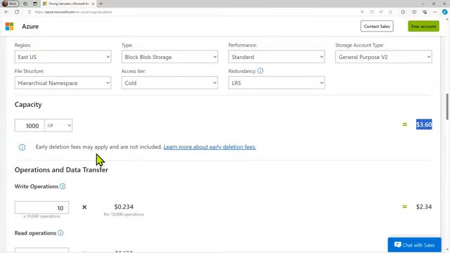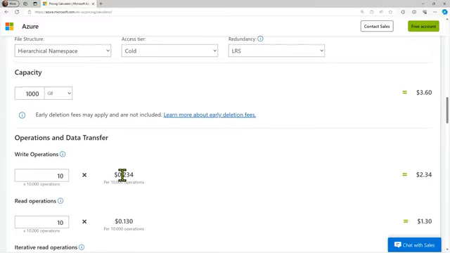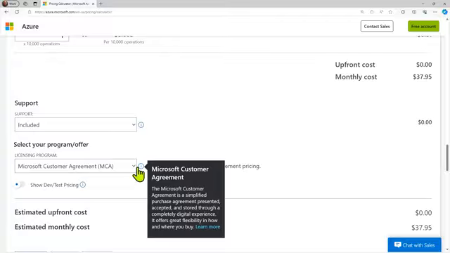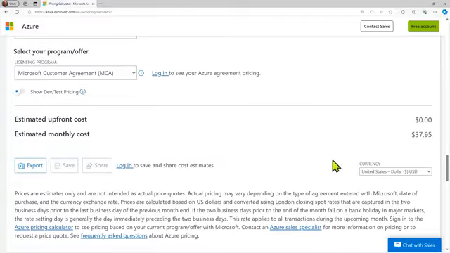But you're now seeing the data access charges have gone from 6.5 cents to 23 cents per 100,000 operations. And so if you were accessing this information on a regular basis, just as actively as you were in the hot tier, you can see that this potentially could cost me as much, if not more, than the hot tier.